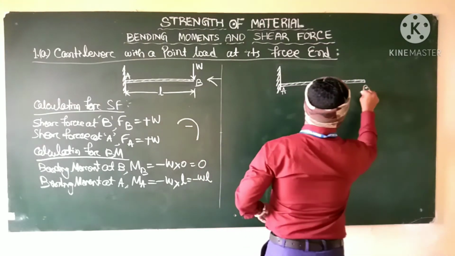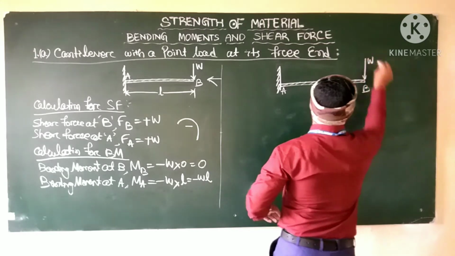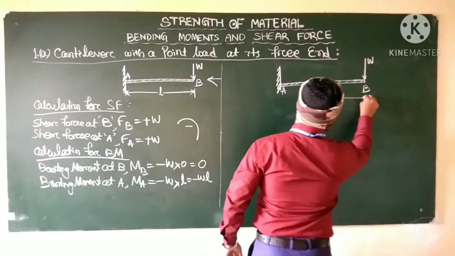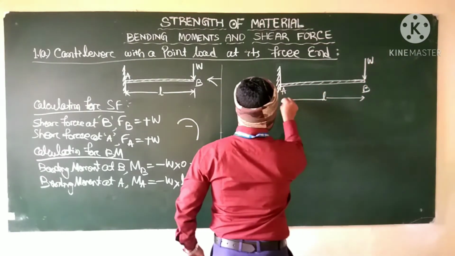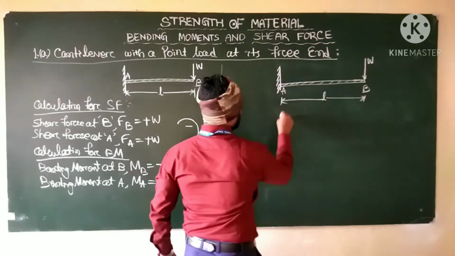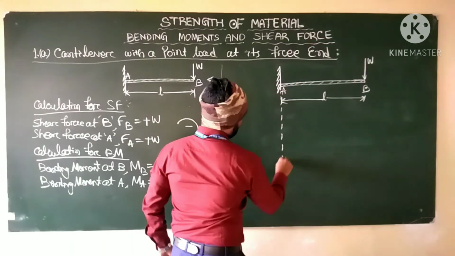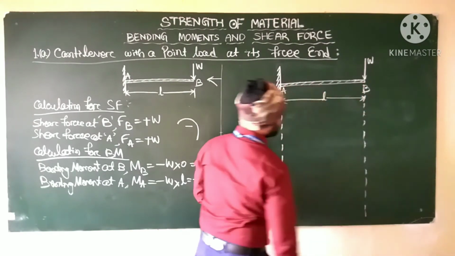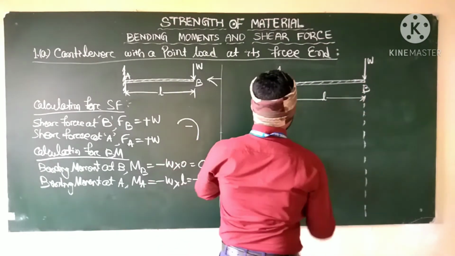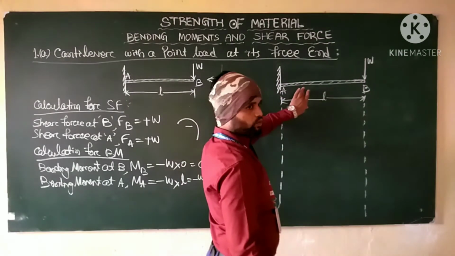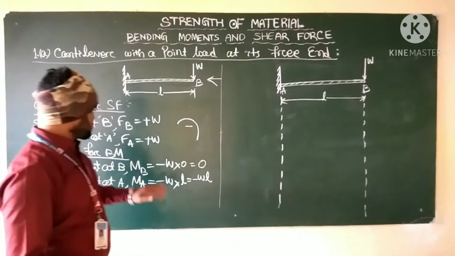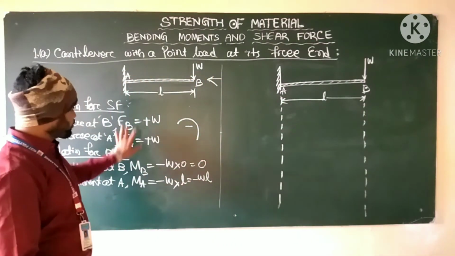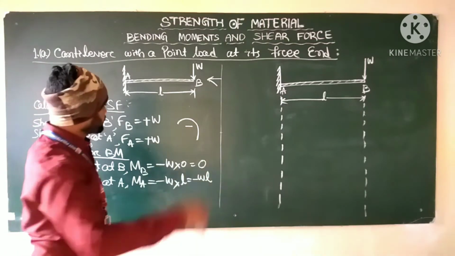A, B, W, length L. Along M, draw a point, enlarge it. Make a dotted line below this. So this is the question. We will draw the shear force diagram and bending moment diagram according to the calculation.